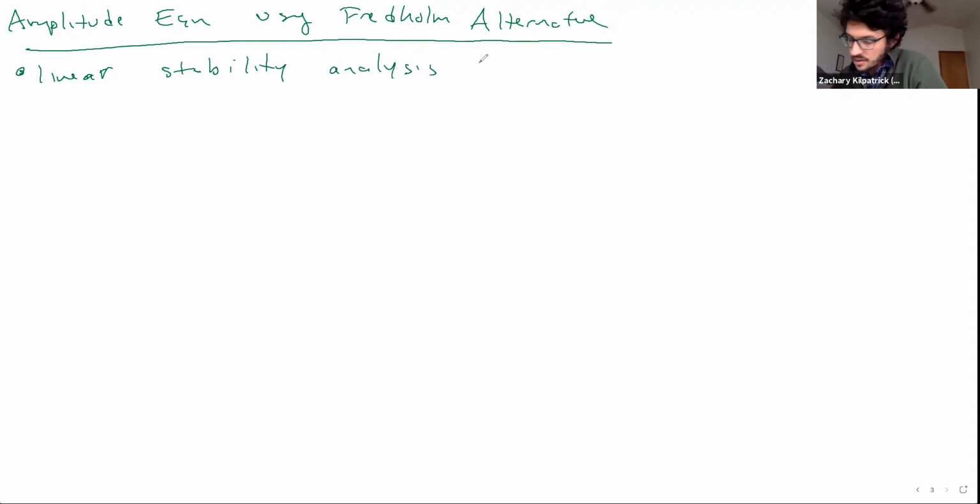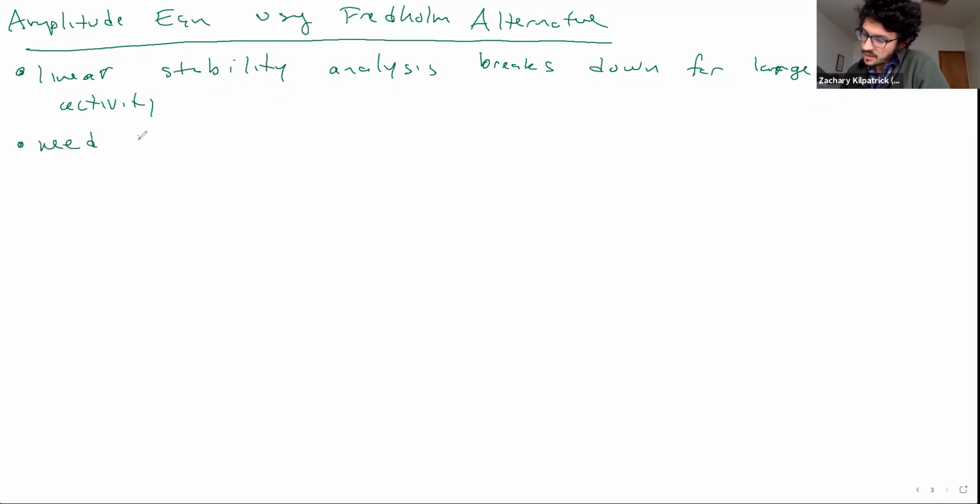And linear stability analysis is going to break down for large amplitude activity, okay? So we need some non-linear analysis near the bifurcation, right?